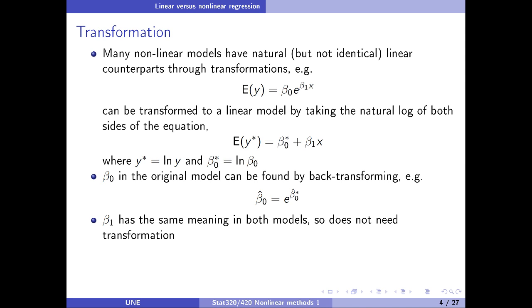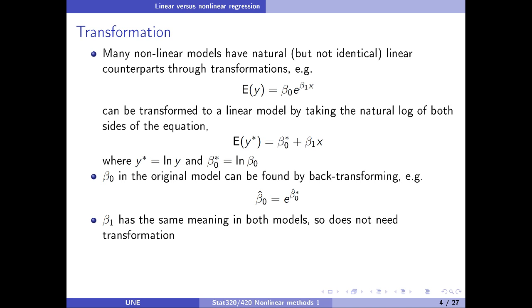Now, if we actually wanted to transform back to the original model to find out what beta naught was, we can just simply take beta naught hat as being e to the beta naught hat star. So we're just back transforming, noting that our original relationship, beta naught star equals the natural log of beta naught, can be inverted by exponentiating both sides.